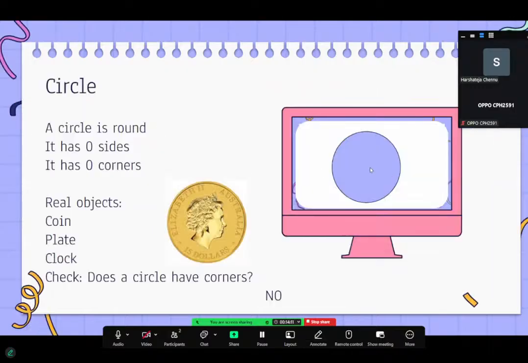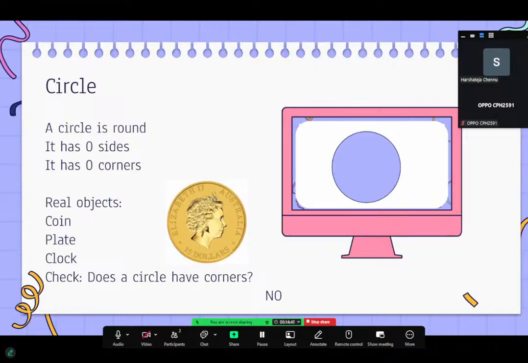So this is a circle, as we saw in the last slide. A circle is round, it has 0 sides, it has 0 corners. And some real objects that are circle shapes are coins, a plate, a clock. So if you want to make sure something is a circle, you can just ask yourself if it has any corners, and if the answer is yes, then it's not a circle.